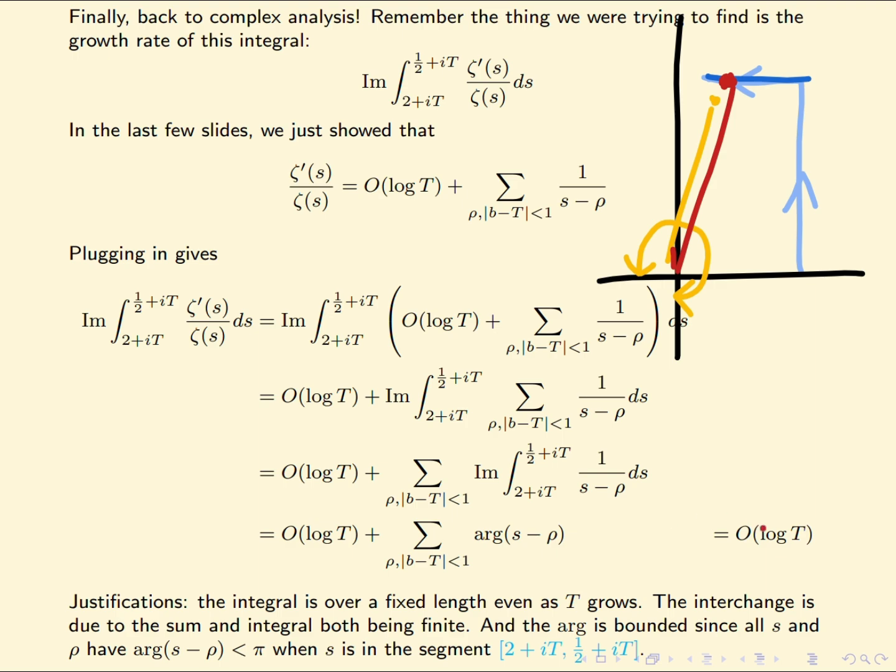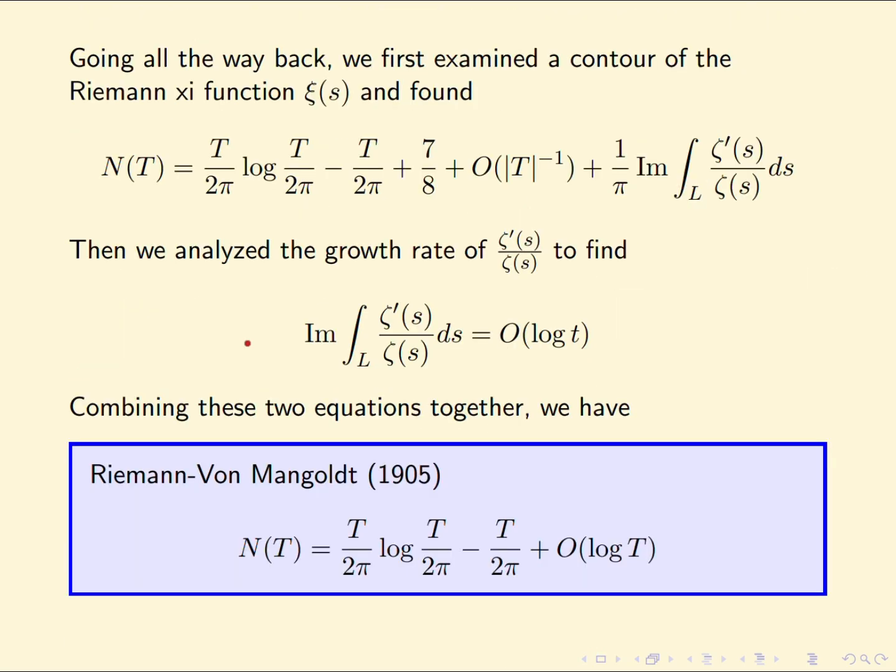And therefore, we've proven exactly what we wanted to prove. We proved that this thing is O of log of t. So we're going to go all the way back to this thing that we found earlier. Remember, we first figured out a contour of the Riemann zeta function and found this thing that almost proves the theorem, but we had to contend with this part, which is very annoying and very difficult to work with.